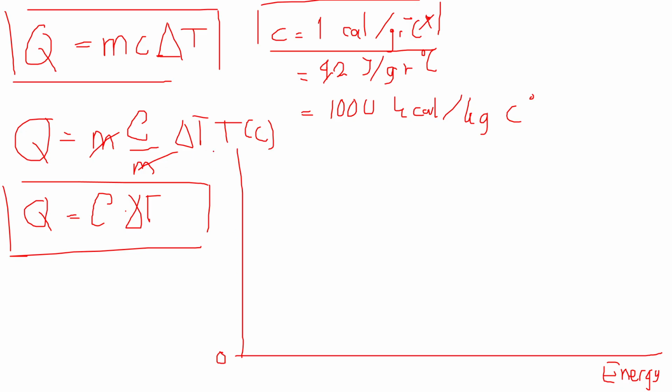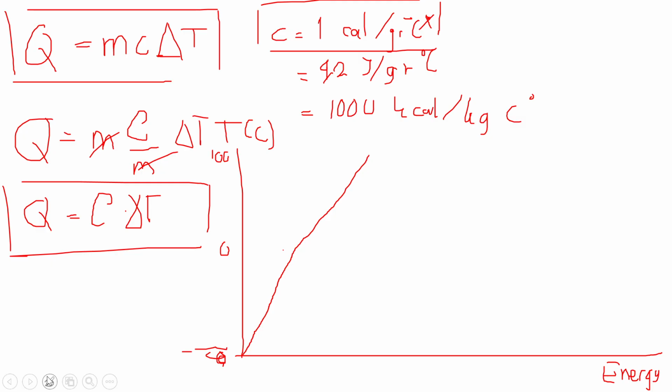Basically, this would be 0, and let's say this is 100. Actually, I want to put 0 here, and it's negative something below. Now, let's say it's water. So below 0, it's ice, cold as ice. We're going to add some energy to it.